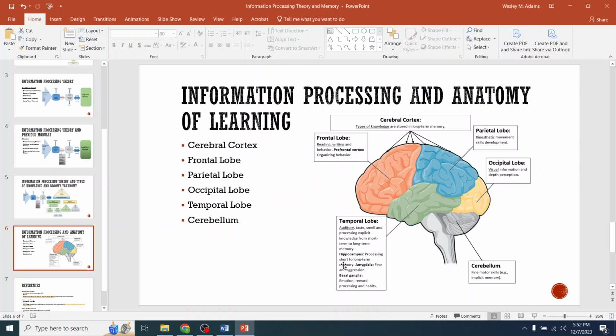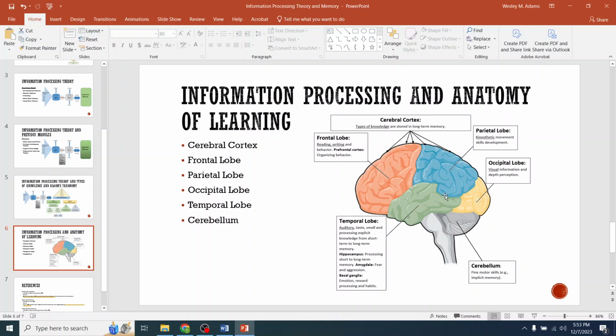Processing from short-term to long-term. So if you've watched the movie 50 First Dates and she had a problem retaining new information, she could remember everything that happened before the injury, but couldn't remember what happened after. Could process no new information. That happened in the hippocampus. That's how we discovered that area of the brain. People that had damage there had problems storing new memories.